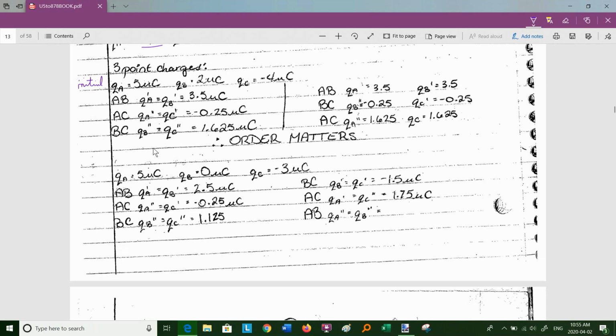Identical point charges, but the amount of charge on these spheres is allowed to be different. So you have 5, 2, and minus 4.